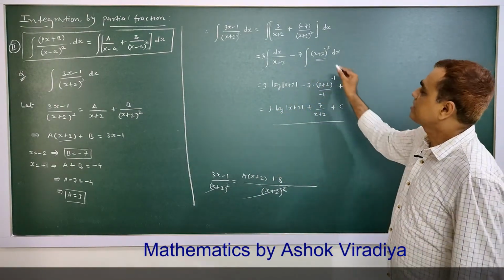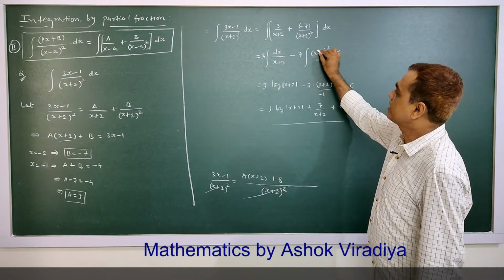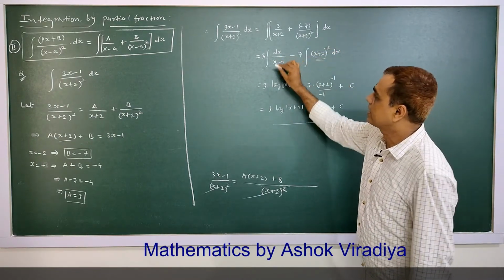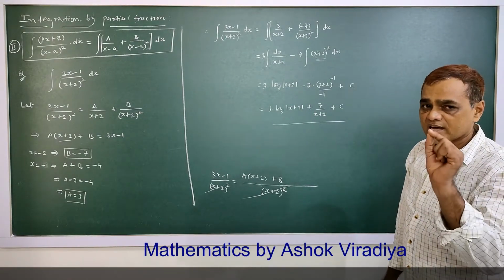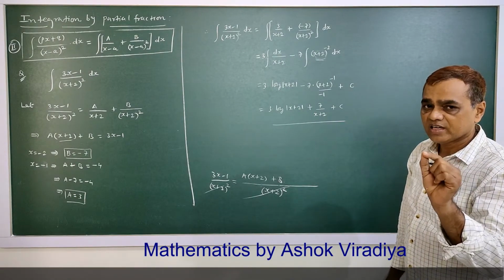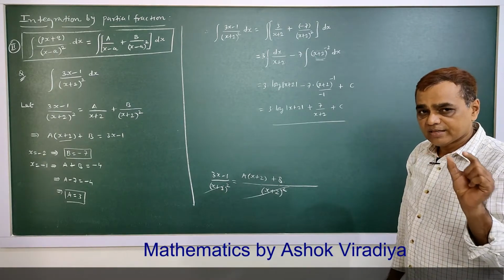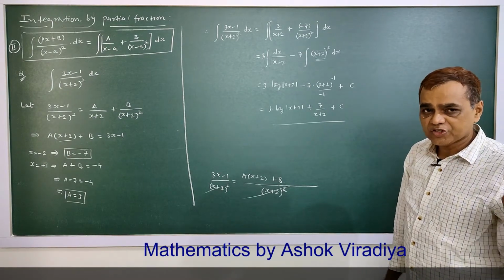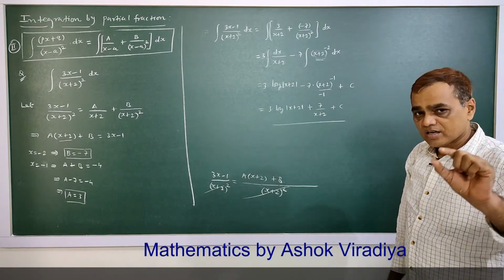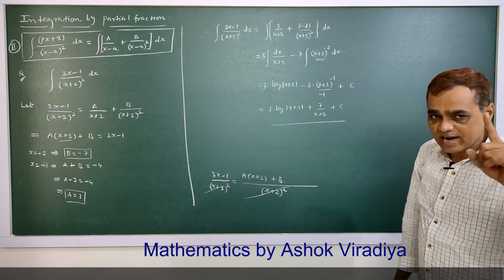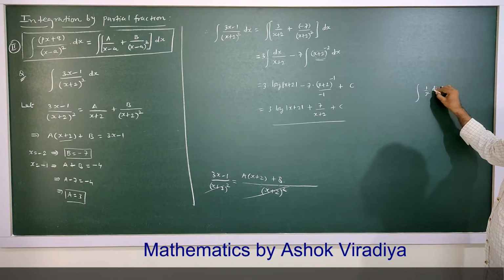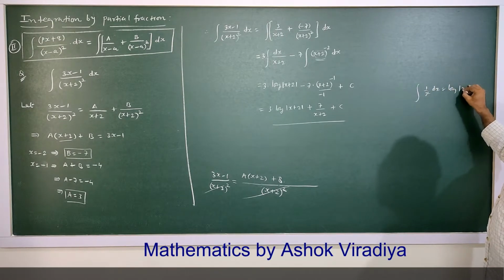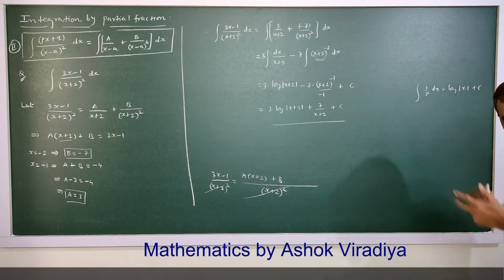Whenever x plus k is given in the list of formulas, we apply the same formula. We know that the integral of 1 upon x is log of modulus x. This is the formula.